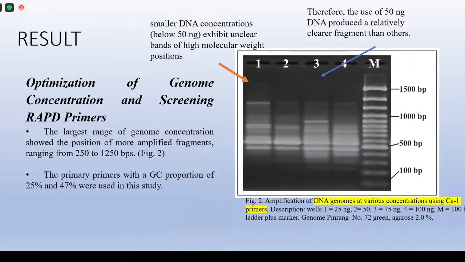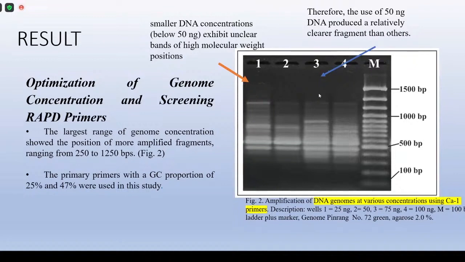We can see here the optimization of genome concentration and screening of RAPD primers. If we use below 50 nanogram or smaller DNA concentration, it will exhibit unclear bands at high molecular weight positions. This is the 50 different concentration of CA1.